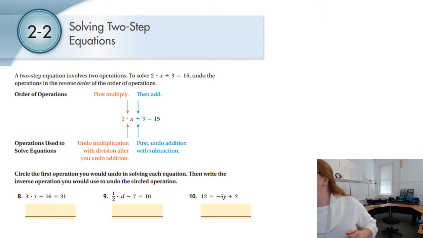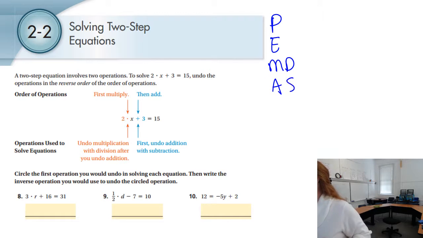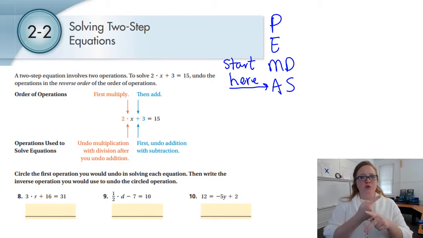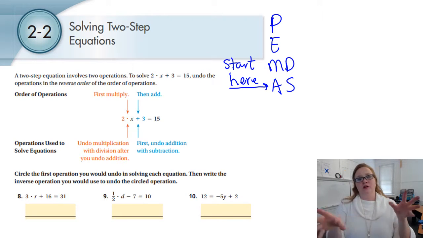Remember, with the order of operations, first you would multiply and then you would add. When you're solving two-step equations, first you need to undo addition with subtraction and then undo multiplication with division after addition.